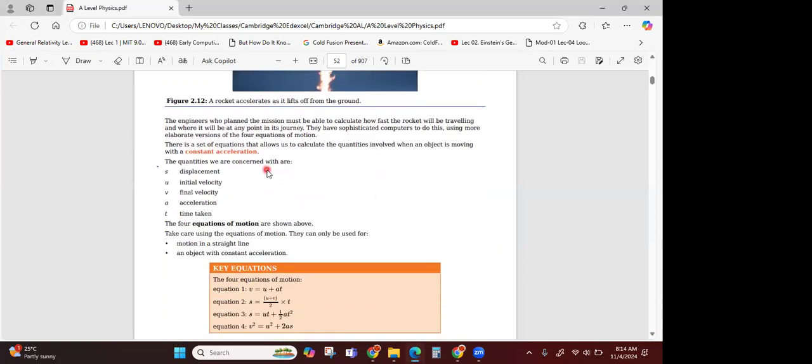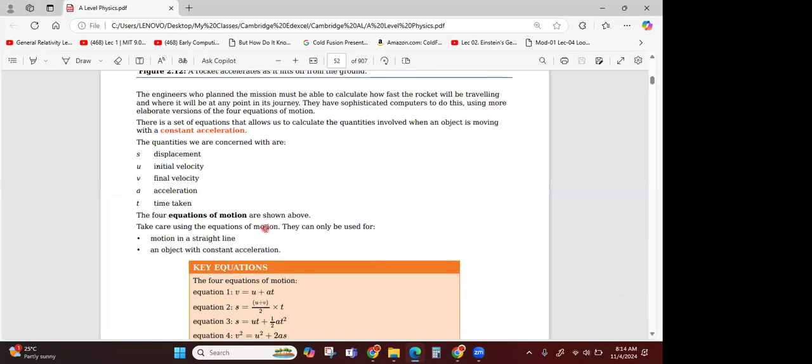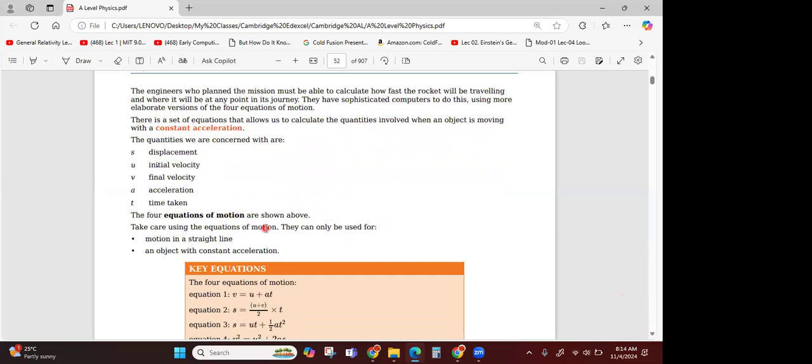Okay, then let's write down the quantities involved in equations of motion. So write down the subtopic: quantities involved in equations of motion.